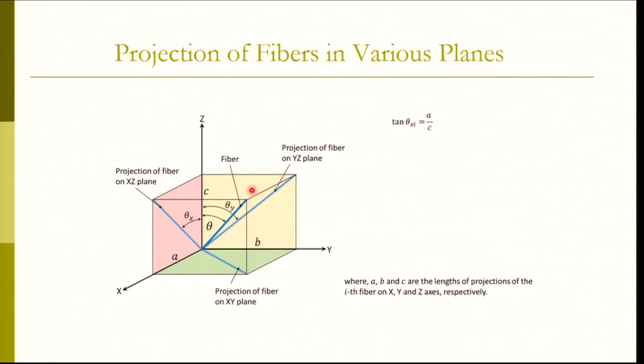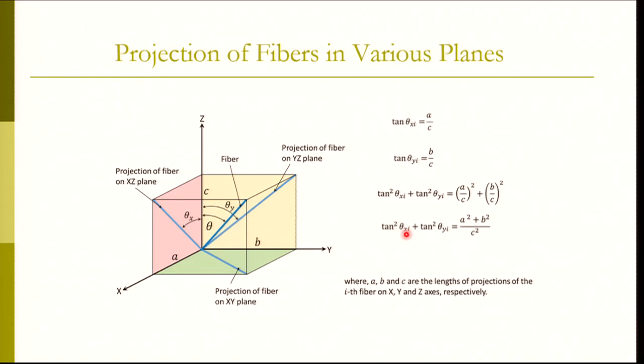So, if we calculate the value of tan theta x, which is A by C, simple perpendicular upon base, you can see tan theta xi, where i represents the ith fiber. Similarly, you can calculate tan theta yi, which is B by C. Just squaring and adding these two tangents would give you A square by C square plus B square by C square.